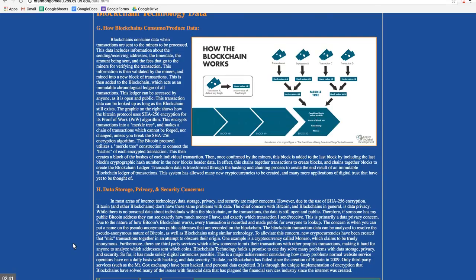However, there are problems on the third-party services, such as when the Mt. Gox exchange famously collapsed and was hacked and personal data was exploited. It is through the unique implementation of encryption that blockchains have solved many of the issues with financial data that have plagued the financial services industry since the internet was first created. So this is providing solutions, not more problems, to data storage, privacy, and security.